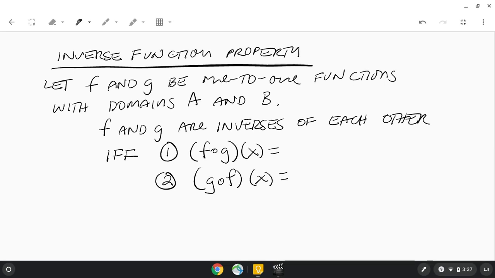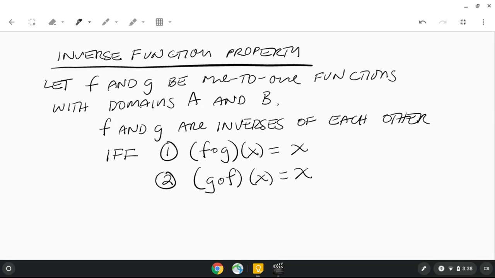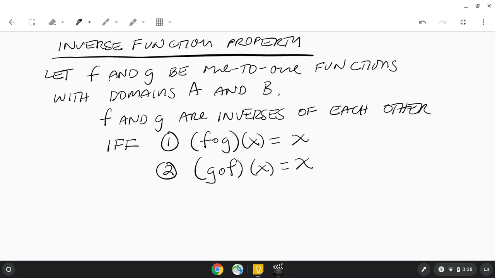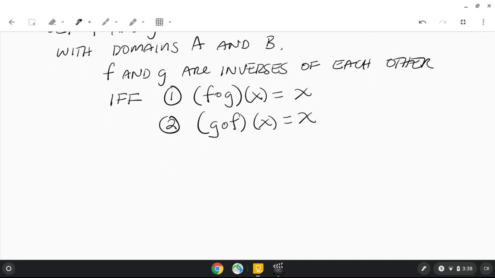Both of them will give you the value x. So when you see a problem where it asks you to show that f and g are inverses of each other, what you need to do is show that both of these composites equal x. If you can show that both of the composites equal x, then you have verified that f and g are inverses of each other.